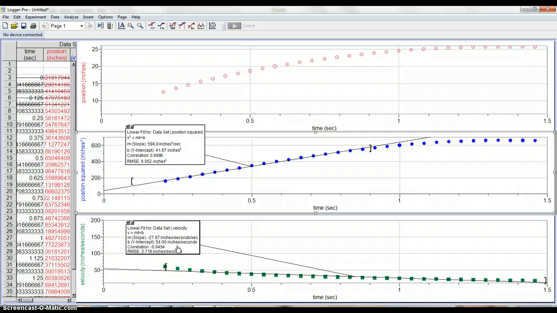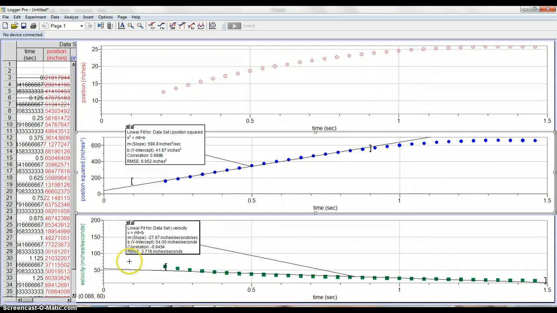Once again, the 54 is our initial velocity because at time 0, that's what our velocity equals. And what the object is saying is that every second the velocity changes in the negative direction by 30 inches over second.